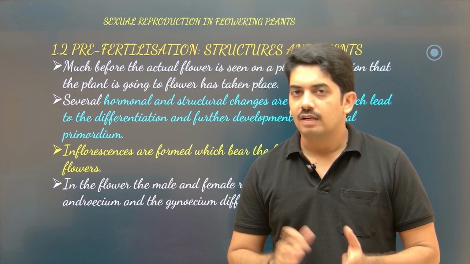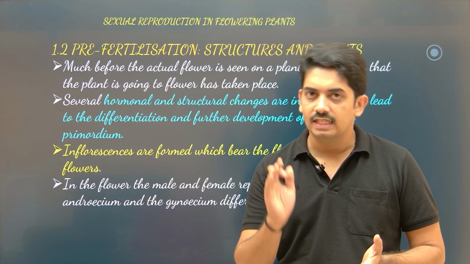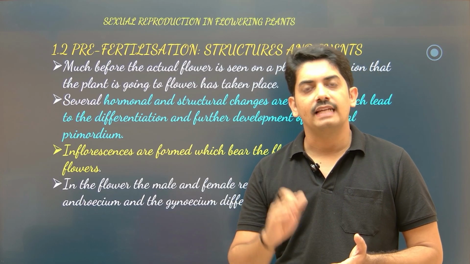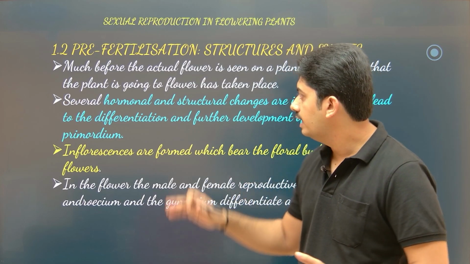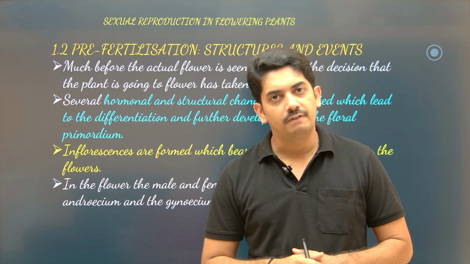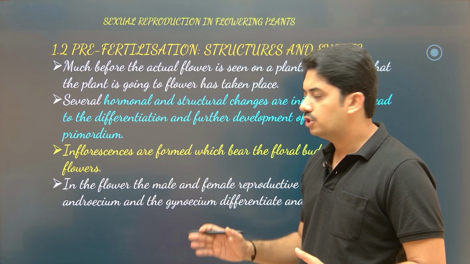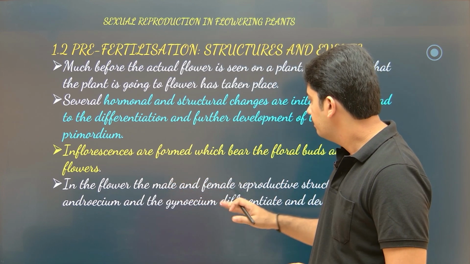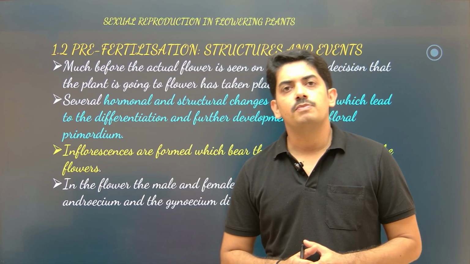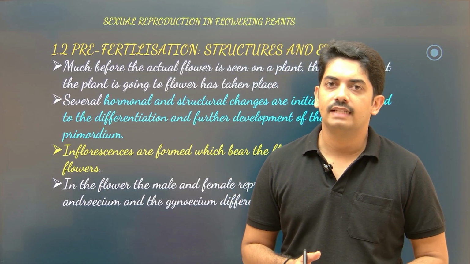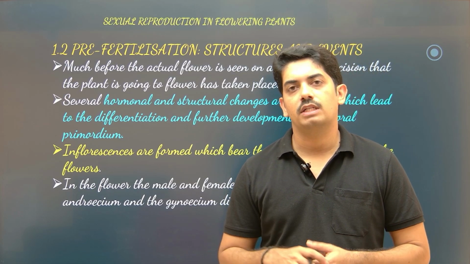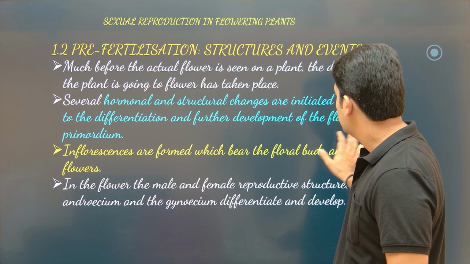Mainly auxin, cytokinin, especially cytokinin and ethylene, play a very important role in production of flowers. Now inflorescences are formed as I told, and then they bear the flower. In the flower we observe the male reproductive part, that is androecium, and the female reproductive part, that is gynoecium.